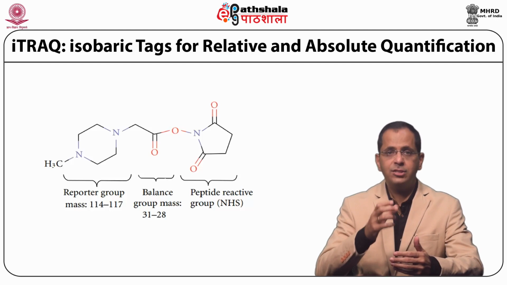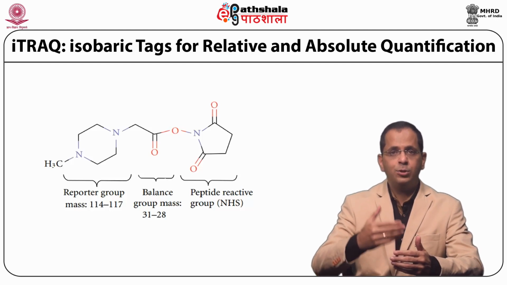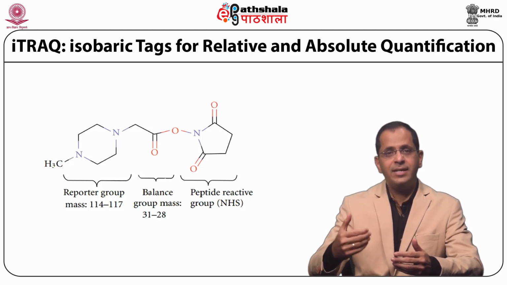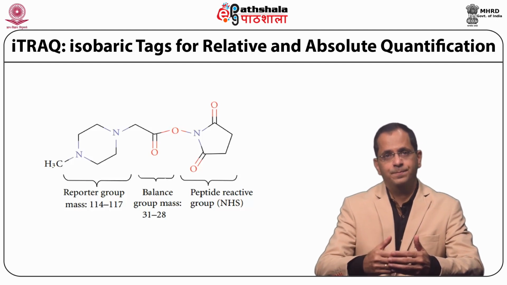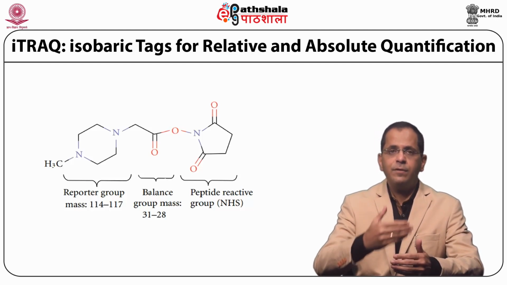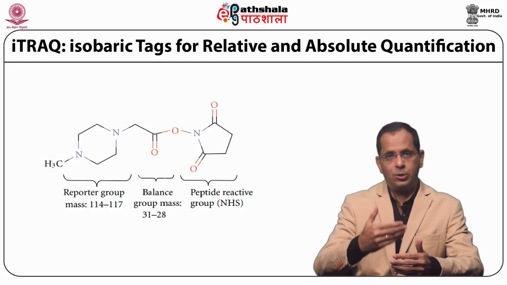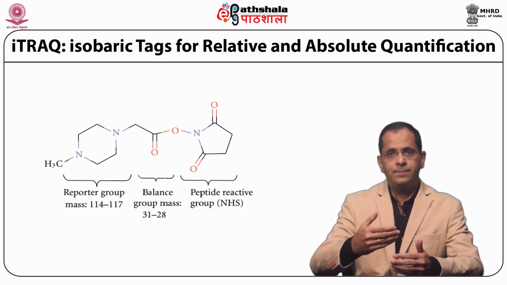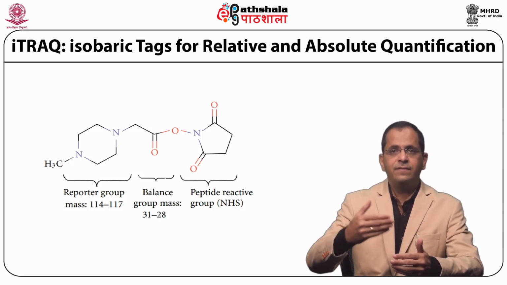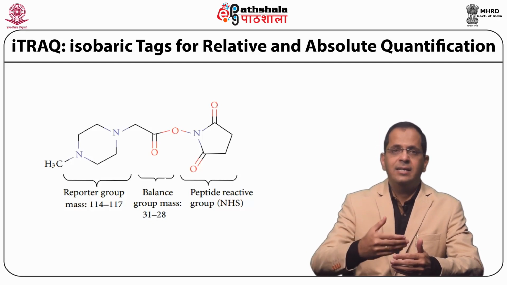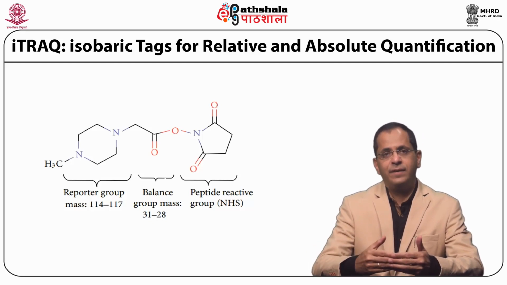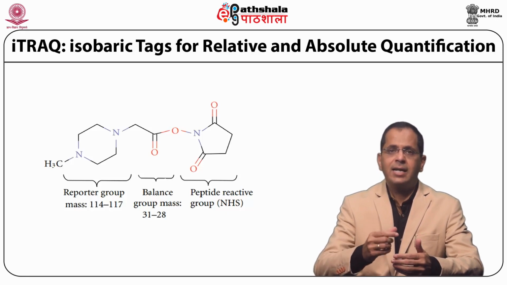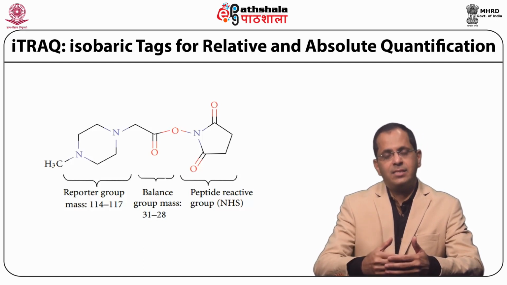There is also a balance group that has an isotopic composition complementary to the reporter group. The sum of the reporter and the balance groups is always a constant irrespective of the different versions of the tag and comes up to 145 Dalton. Tagged peptides are isobaric and are therefore not discriminated in mass spectrometry.